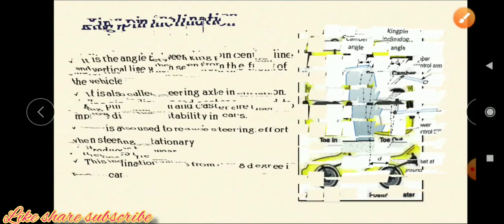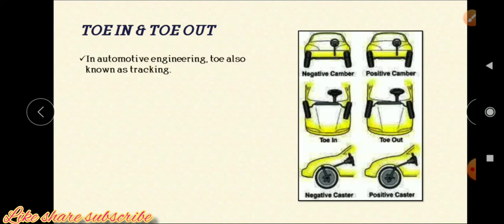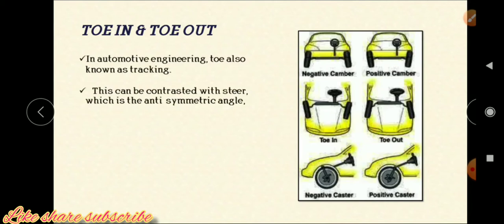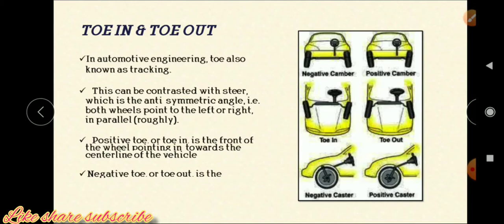Now the next geometry is toe in and toe out. In automotive engineering, toe is also known as tracking. It is contrasted with steer, which is the anti-symmetric angle, where both wheels point left or right in parallel.